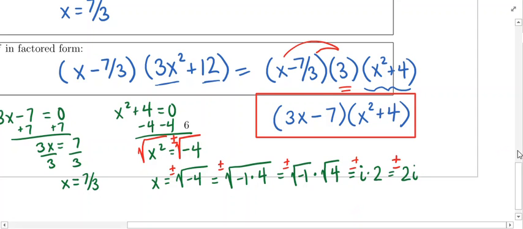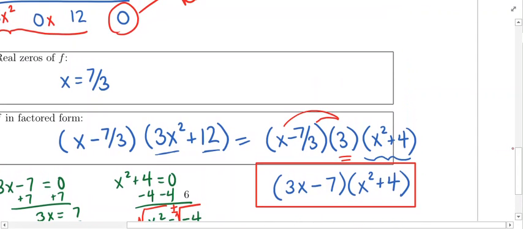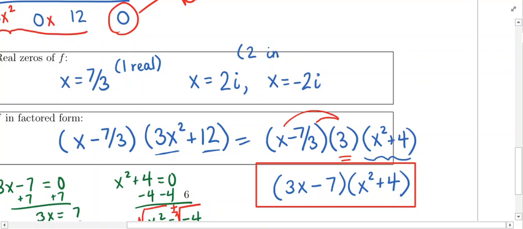So you have a total of 3 zeros. We have one real zero, which is x equals 7/3, and then we have two imaginary zeros, x equals 2i and x equals -2i.